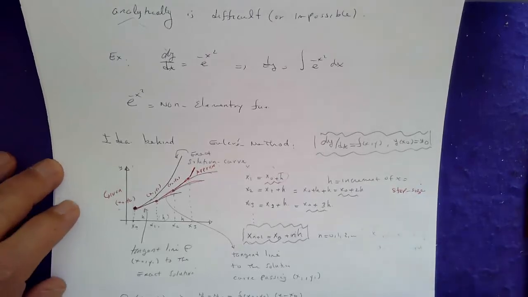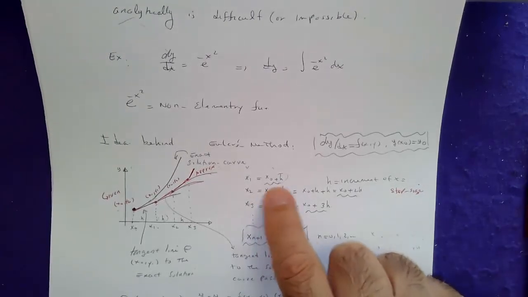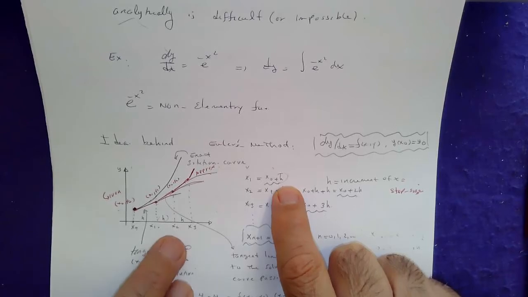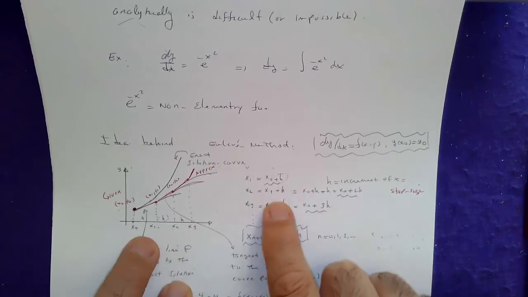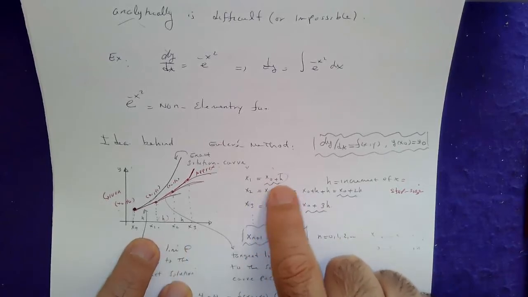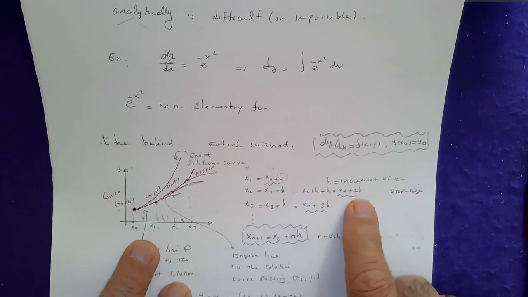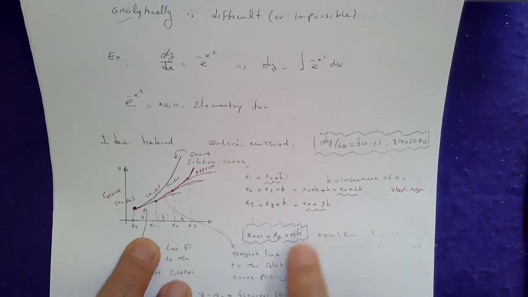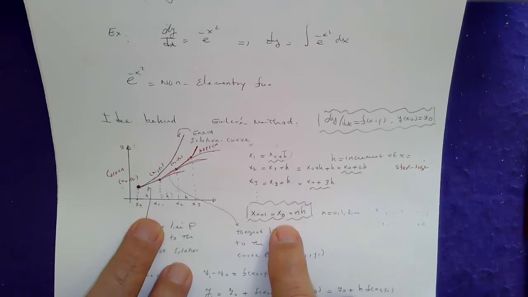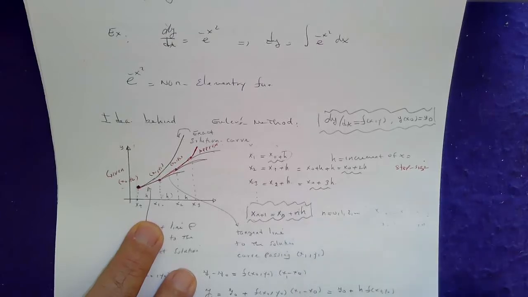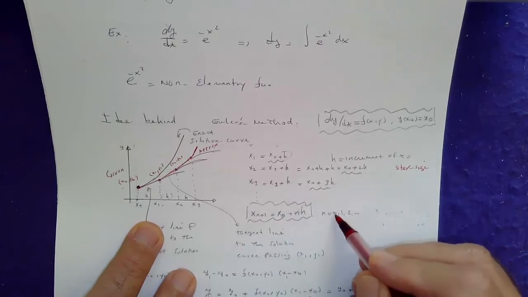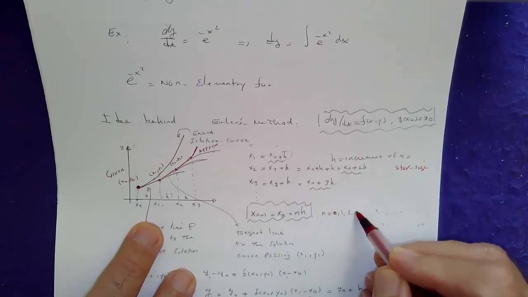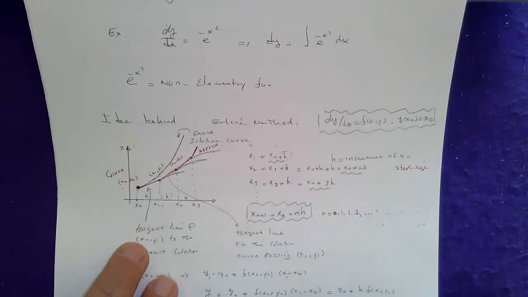So x1 equals x0 plus h. x2 equals x1 plus h, but x1 was x0 plus h, so you get x0 plus 2h. x3 is x0 plus 3h. And lo and behold, we have the general formula, x sub n plus 1 equals x sub 0 plus n times h, where n is a whole number: 0, 1, 2, 3, and so on.